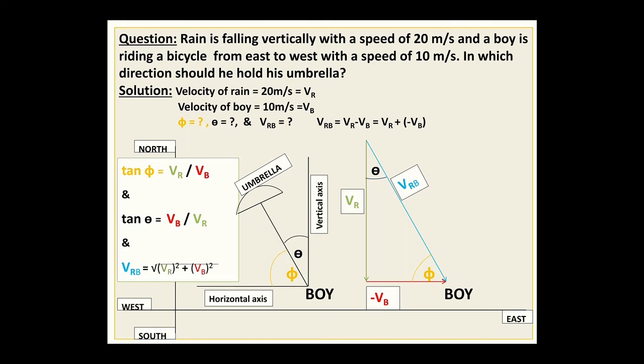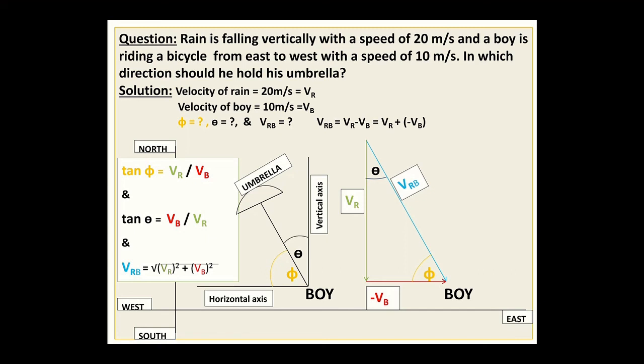By using the properties of right angle triangle, you can simply find theta and phi, which is your desired answer. So tan phi will be VR by VB. As you know, tan is perpendicular by base. So for angle phi, VR is your perpendicular and VB is your base.